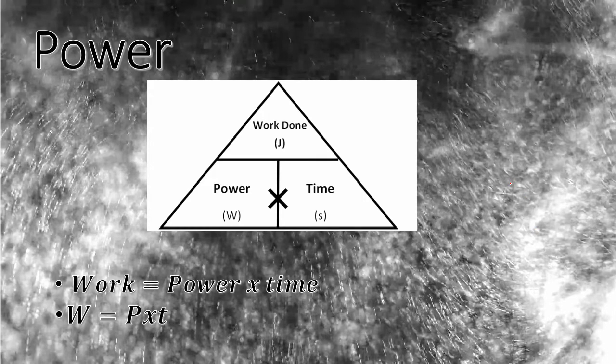So solving for the formula for work done, the formula would be equal to power times time. So work equals power times time, or W equals P times T. And the unit for that is joules, or the base unit, kilograms meter squared per second squared.